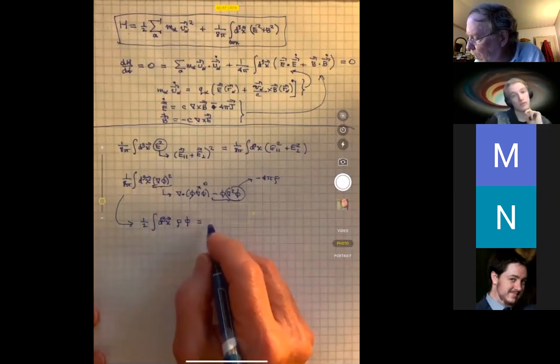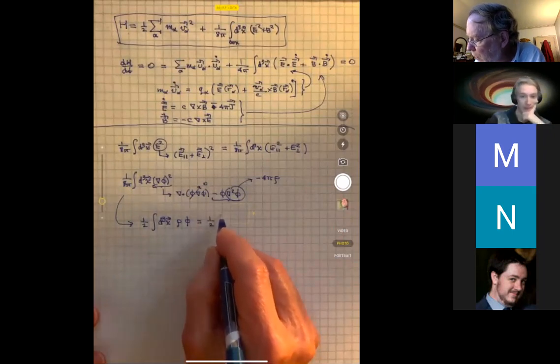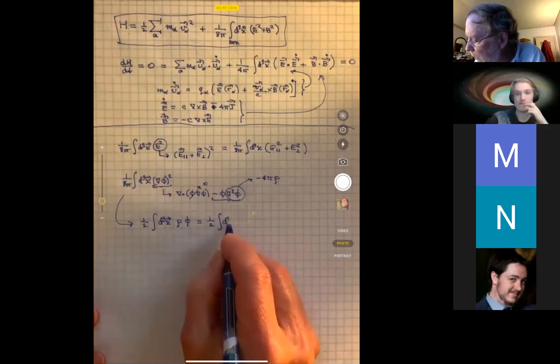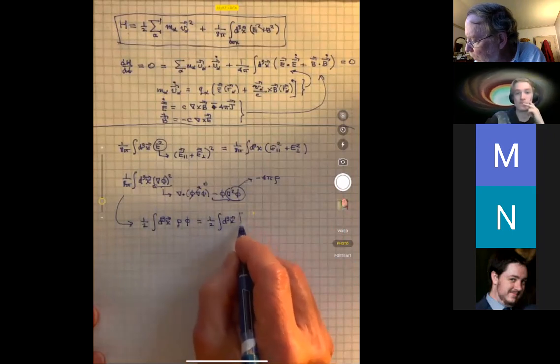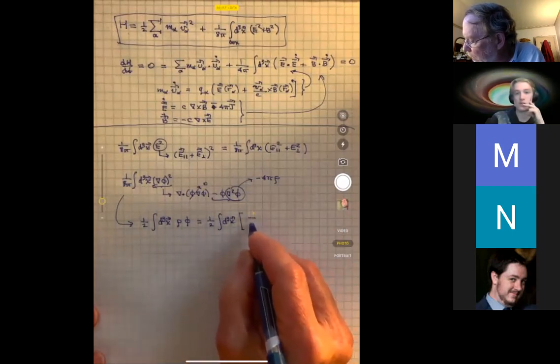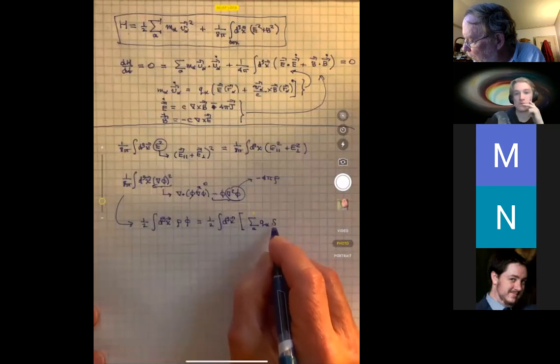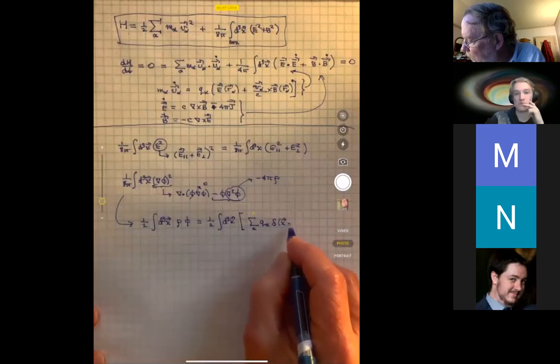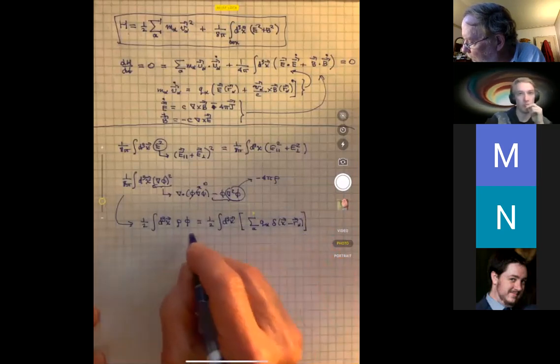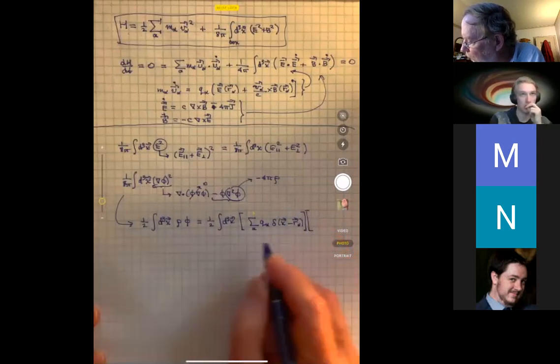Anyway, we can work this out further using our model for the matter, which was point charges. I introduced this in the last lecture. We can write this as integral d cubed x, and then for the charge density, we'll write it as the sum over the particles alpha of the charge q alpha times a Dirac delta function of x minus r sub alpha. And then there's going to be another expression for phi, which I'll fill in in a moment.